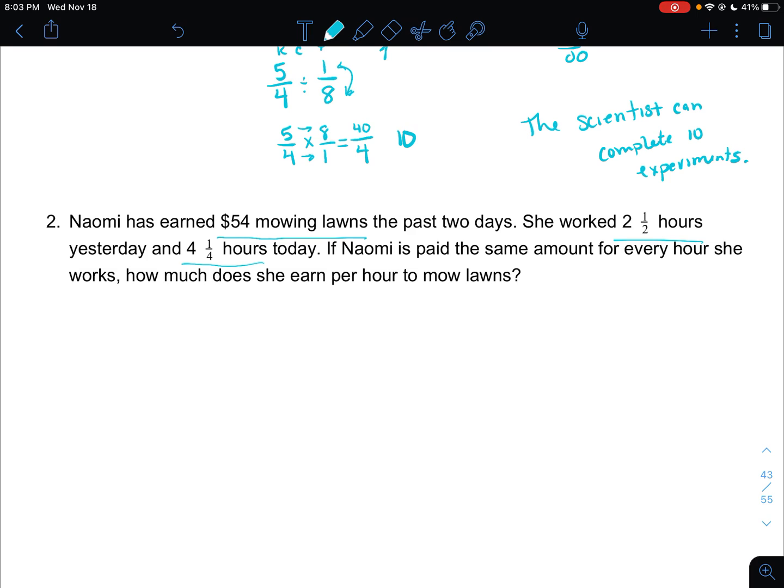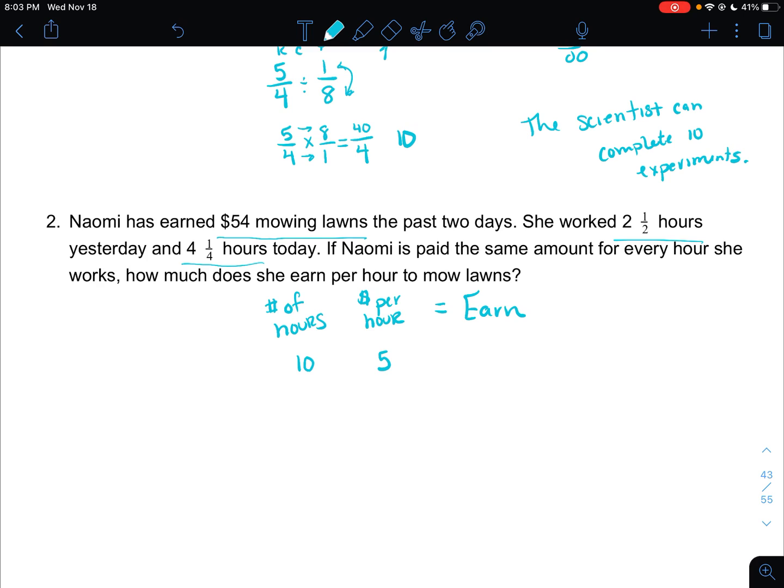So we're talking about money and how much money you earn per hour. This is where I would think about, what do I know about how much I earn at a job? There are 2 things you need to know in order to figure out how much you're going to earn at your job. You need to know your number of hours, and you also need to know how much you make in dollars per hour.